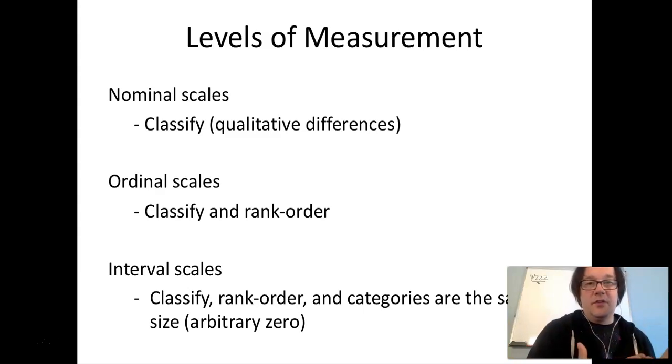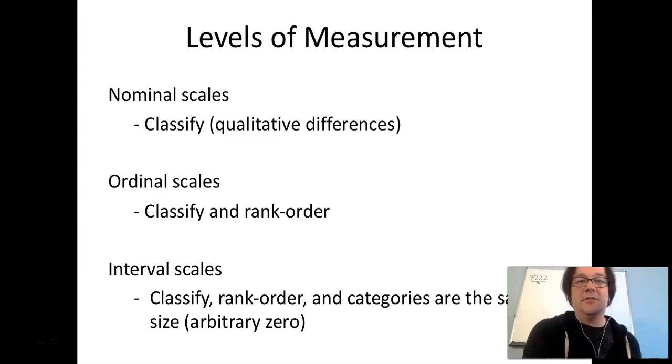The issue with an interval scale is that it has an arbitrary 0 associated with it. And what does that mean? Well, it means that a 0 doesn't really mean a lack of something. So if I said on a scale of 0 to 4, how happy are you?